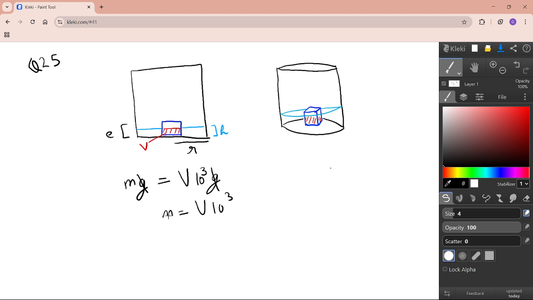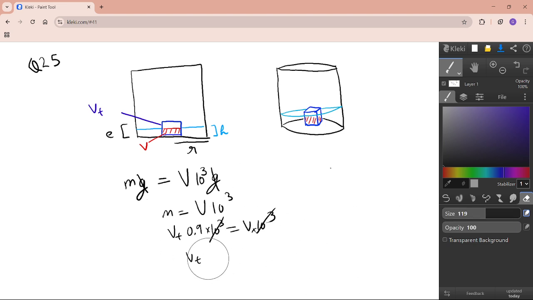Now m is also given. Now the total volume of this whole ice cube, let me assume it's vt, the whole volume. So vt times the density of ice, it's not given, but I'll just try 0.9, and we do not need this to solve the question actually. So volume total, and what is this equal to?